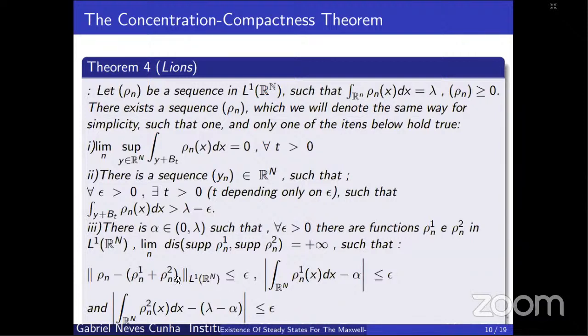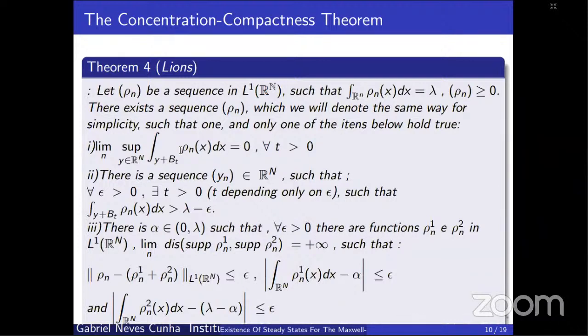You can imagine the mass function as some lumps, some bumps. What we are saying is that for larger n, the bumps where the mass of the function is concentrated move away from each other. So the function doesn't necessarily lose the mass, but the mass dissipates.